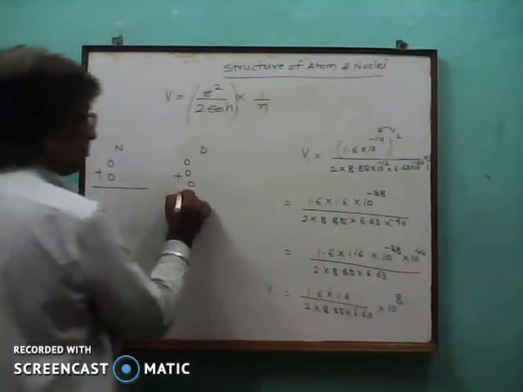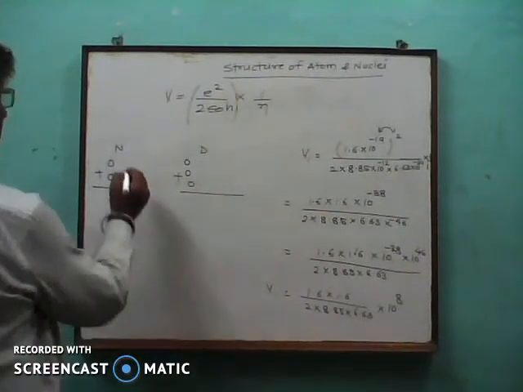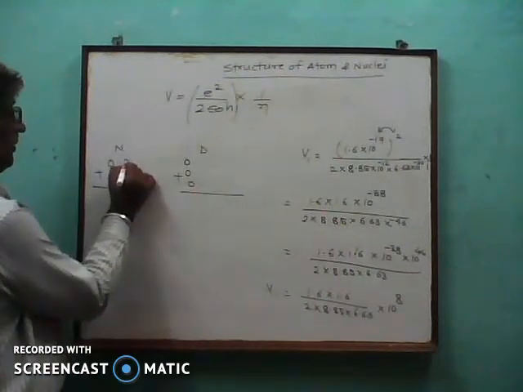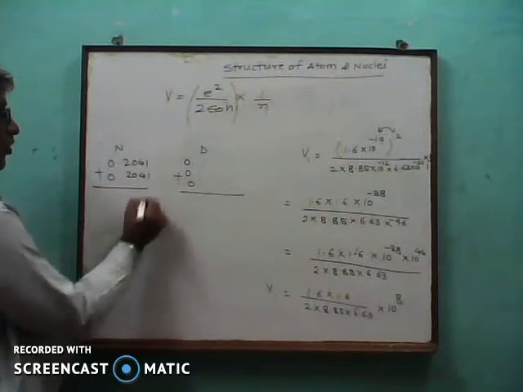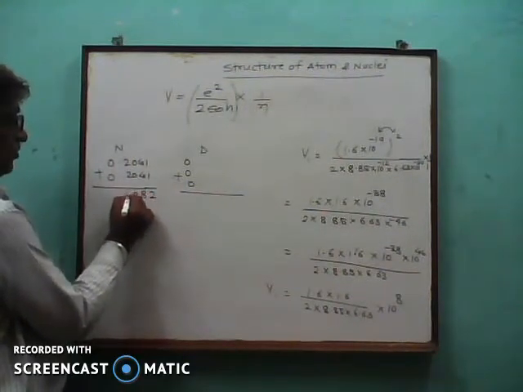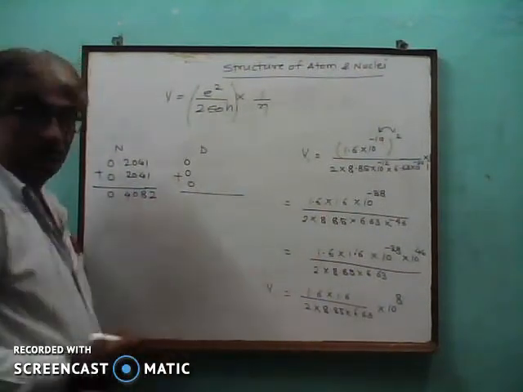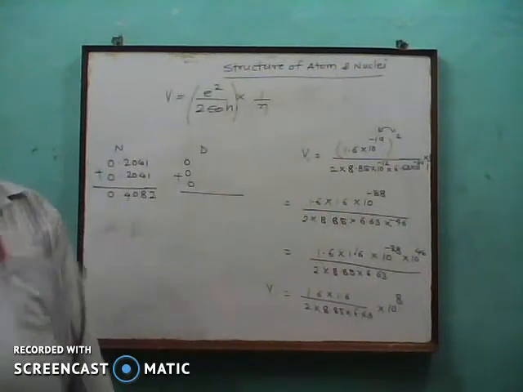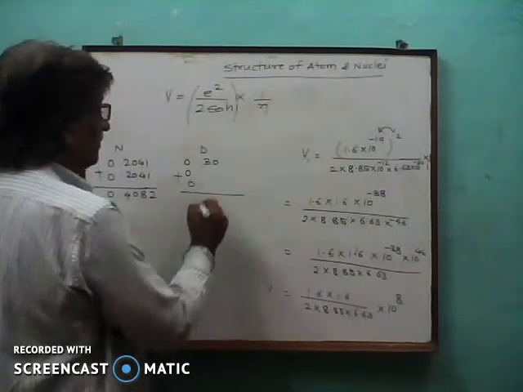Multiplication is there, so we can add their logs. Log of 16 will be 0.2041, log of 16 will be 0.2041. If we add, 0.4082. And for 2, log will be 0.3010.